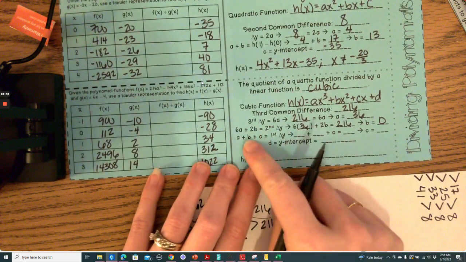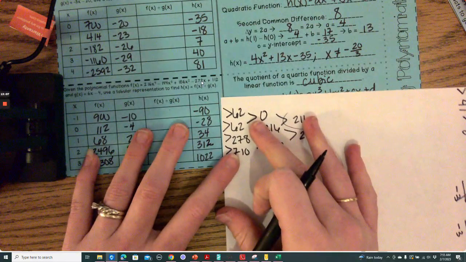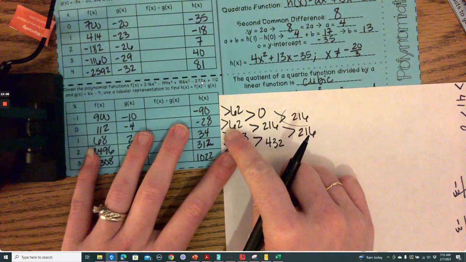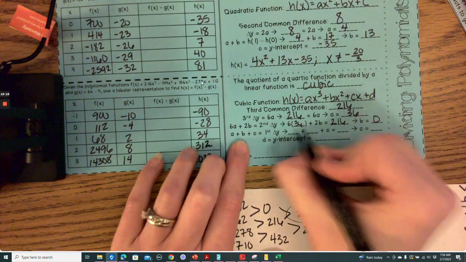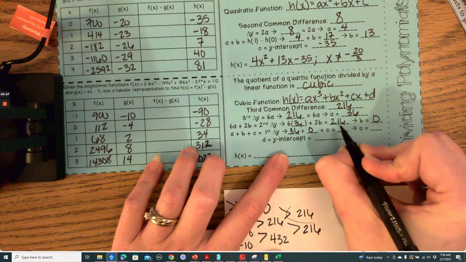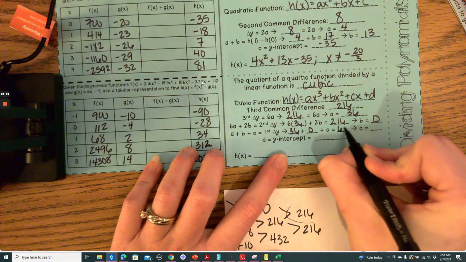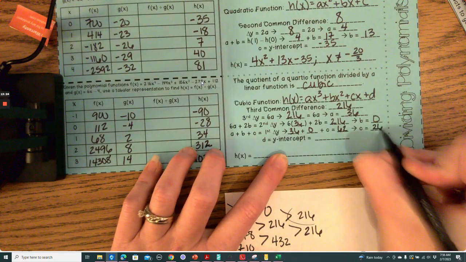And then a plus b plus c equals the first change in y between x is 0 and x is 1. So 62. So a is 36, b is 0, plus c is going to equal 62. So if we solve for c, c equals 26.